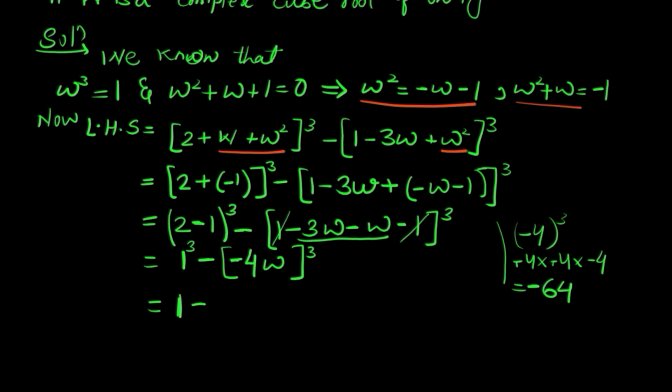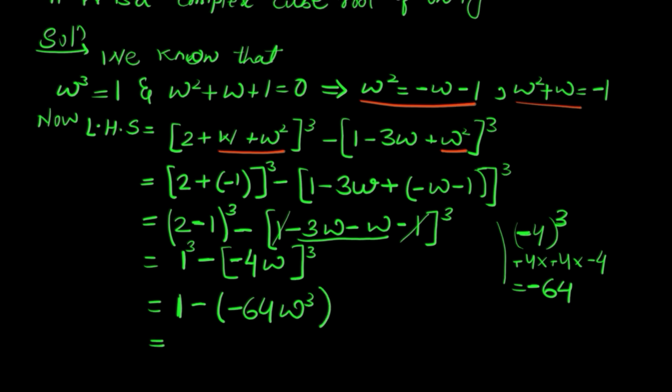Simple method: if the power is odd and the base is minus, then the answer comes in minus, and if the power is even, then whether the base is minus or plus, the answer is always plus. So here 3 is an odd number, the answer is minus 64, minus 64 w cube.